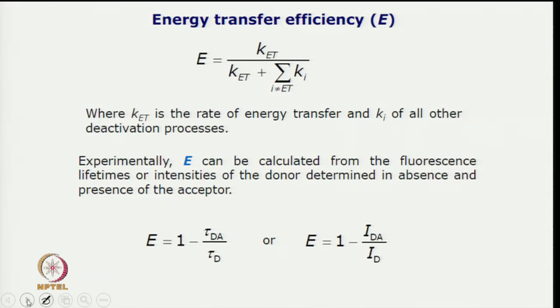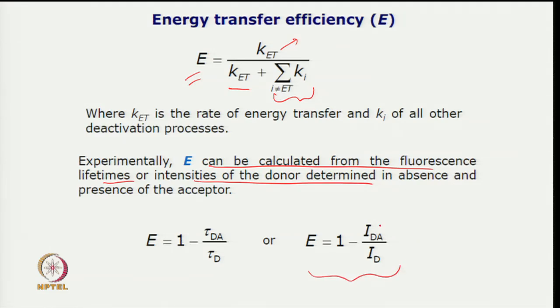It is given by K energy transfer, the rate constant of energy transfer, divided by the rate constant of energy transfer plus the rate constants for other kinds of processes. E can be calculated from the fluorescence lifetime or intensity of the donor determined in absence and presence of acceptor, and this is the formula for E.